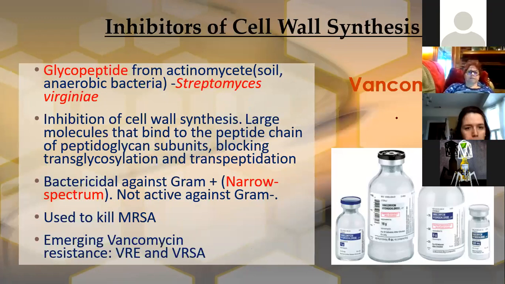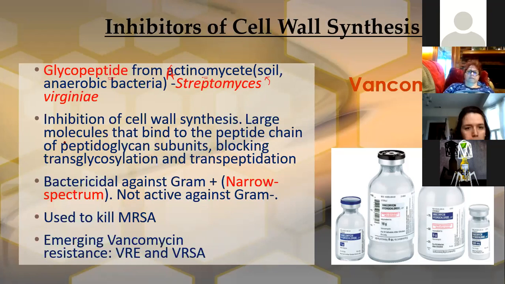Then vancomycin. They do not have beta-lactam, they have glycopeptide, a special type of protein. This group of antibiotics, we get from the soil bacteria Actinomycetes. Vancomycin, especially, we get from Streptomyces orientalis. Streptomyces is one type of actinomycetes.